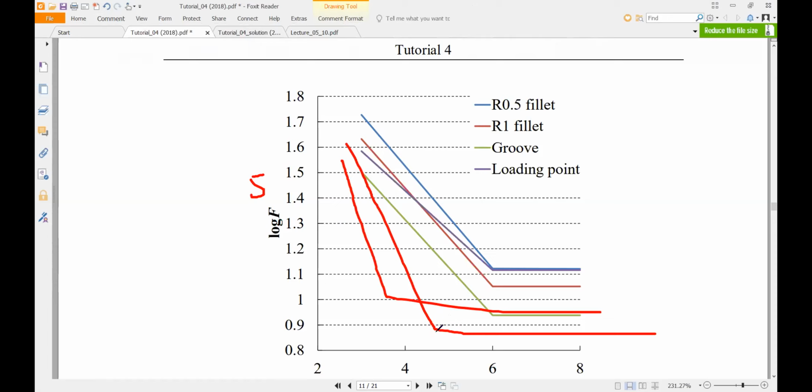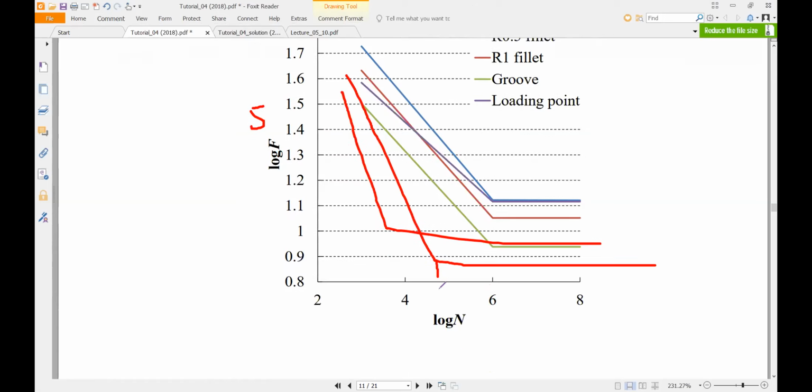So this reaches around 5 times 10 to the power 6 cycles. This is log, no? Okay, this is 5. I see. This is 3.5. So even though this is the least SN value, this is reached with the lower number of cycles.